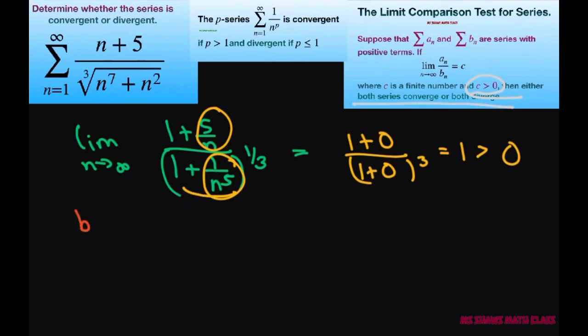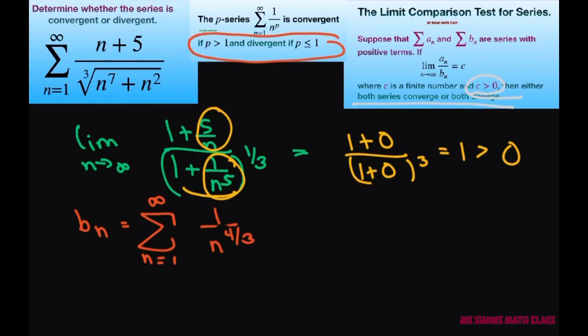Our b sub n was the sum of n equals 1 to infinity of 1 divided by n to the power of 4/3. That's your p series, and our p is 4/3, which is greater than 1.